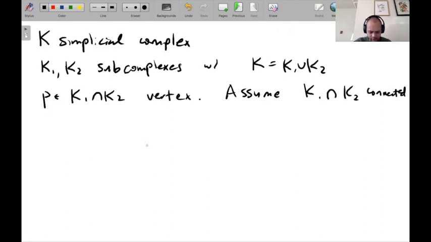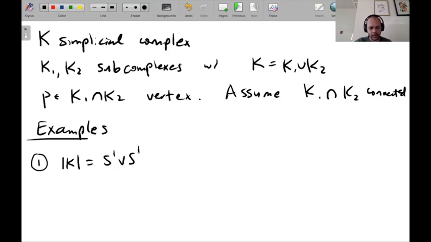And we'll see some examples shortly. Or actually, maybe I'll give you a couple. So we're going to look at two examples. Maybe I'll give you those now so you have them to think about. The first example is a complex whose realization is the wedge of two circles.